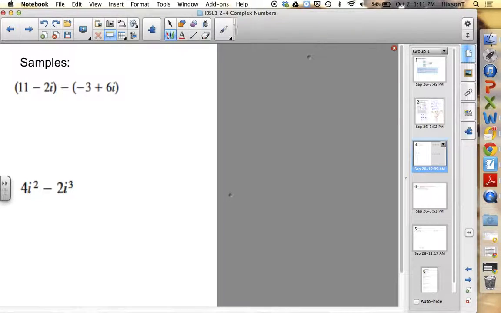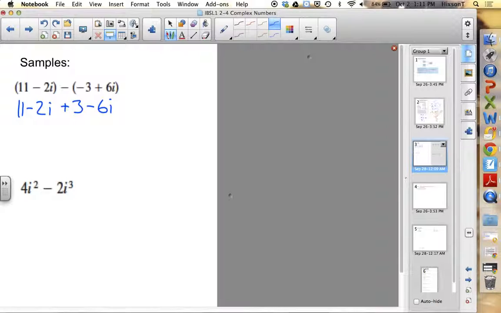Alright, so, if I were doing this with variables, I would simply distribute the negative, right? And then combine the terms that are alike. Alright, so I'd have my 11 minus 2I minus a -3, so plus 3, minus 6I.